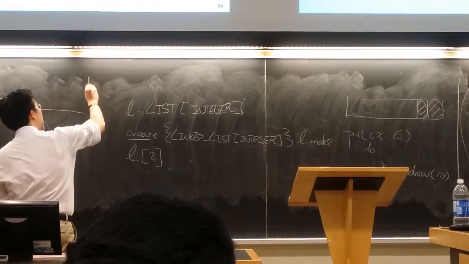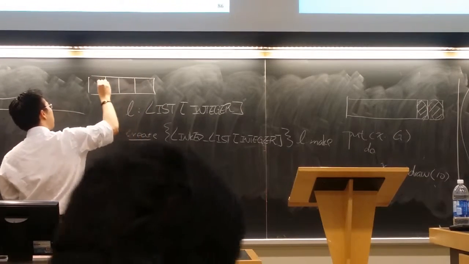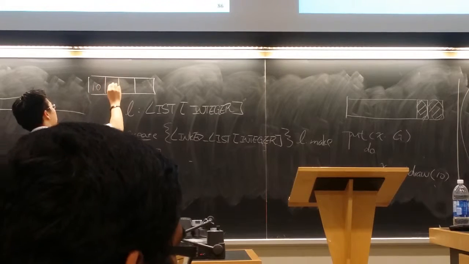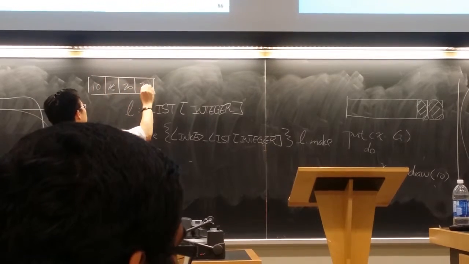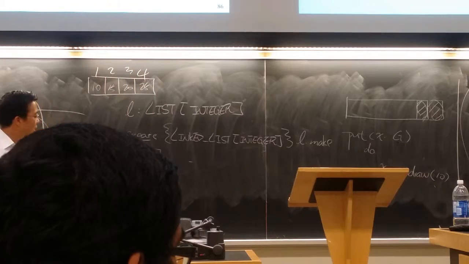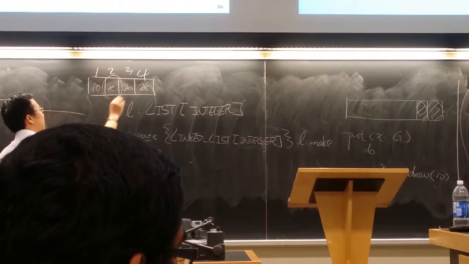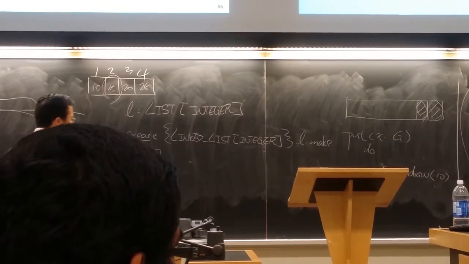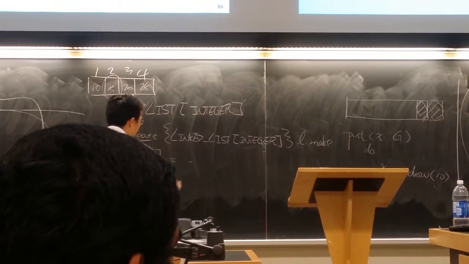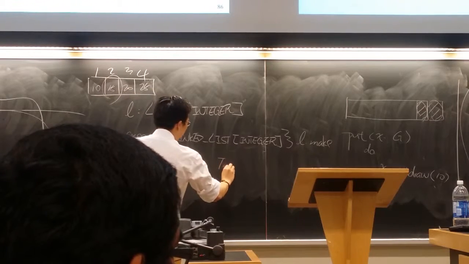So let's say this is the list you have: 10, 15, 20, 25, starting with 1. When I say L2, I'm referring to this element here. So I can do an equality test to see if L2 is equal to 15, and this should give me true, right?